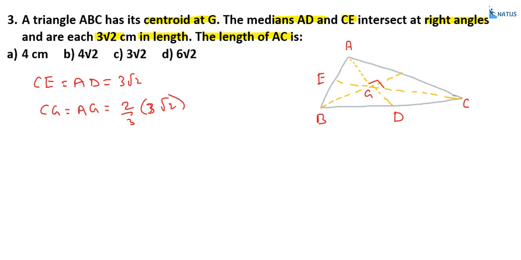Once again, this is 2 parts and this is the 1 part. So, AG is to GD is equal to 2:1. So what is the length of this one? This length is equal to 2 by 3 and this length is equal to 1 by 3.